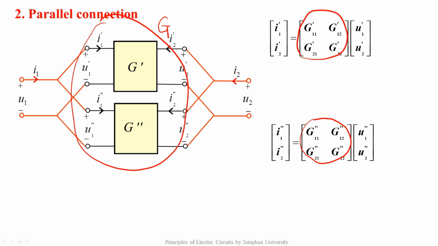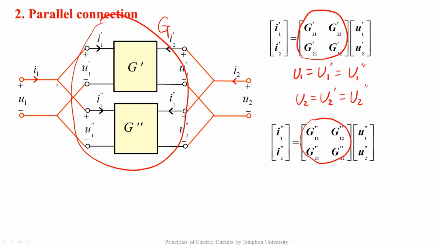In this connection, U1 equals U1 prime and equals U1 double prime. Similarly, U2 equals U2 prime and equals U2 double prime, because the input ports and the output ports are all in parallel connection.